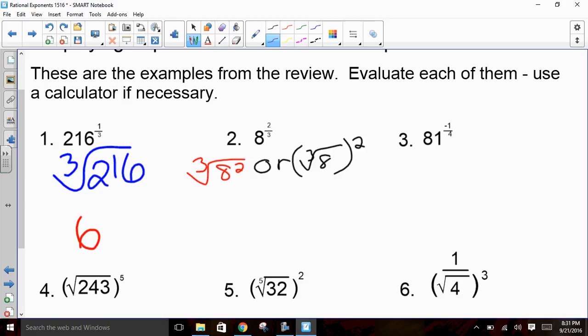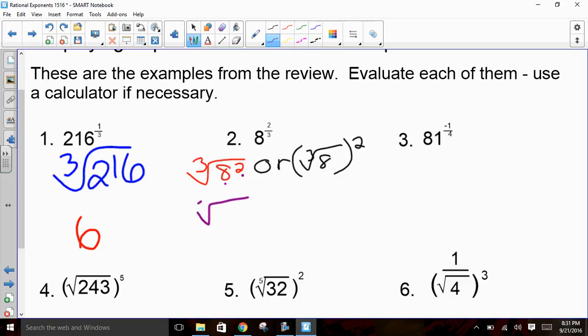When I go to solve these, sometimes I find it easier to take the radical, depending on what type of radical, and then do the power. The reason being is because we undo the big numbers. And I like to undo a big number and then make that a big number again. So for example, if I did the red part first, I have to do my exponent first. I'm going to take 8 squared, or 8 times 8.